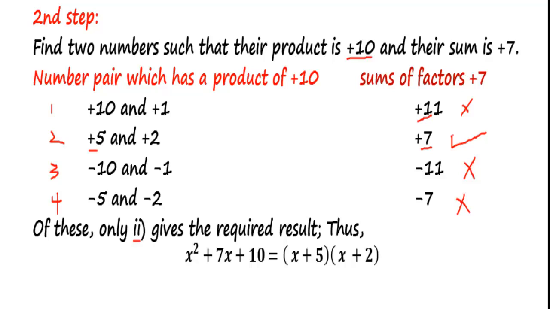Are you seeing it now? And then the second number is plus 2. That is what we got here. That is how to factorize a quadratic expression. Let's move on.